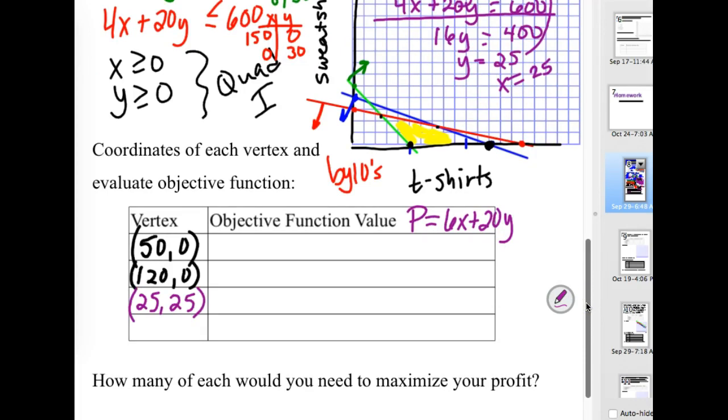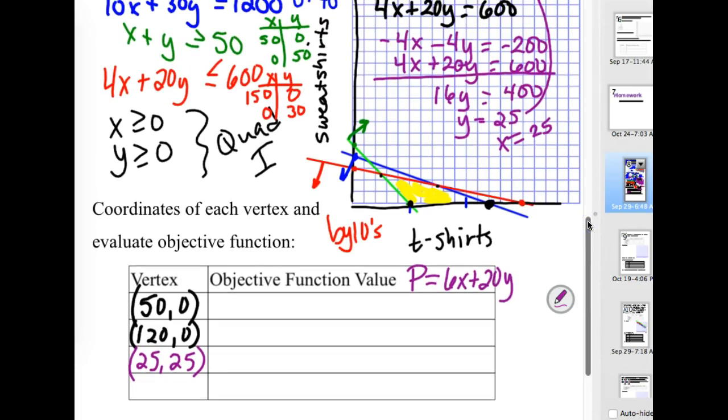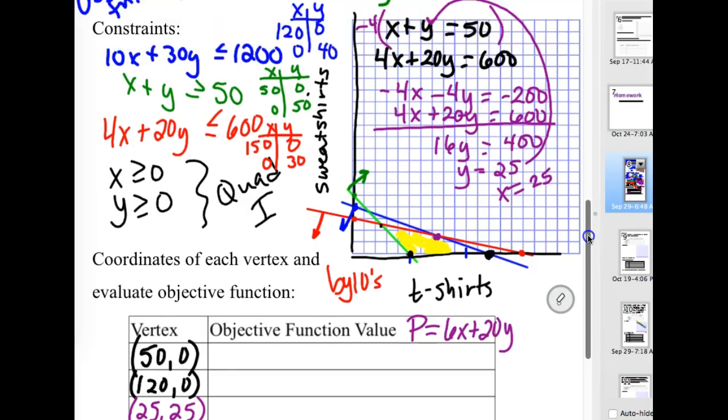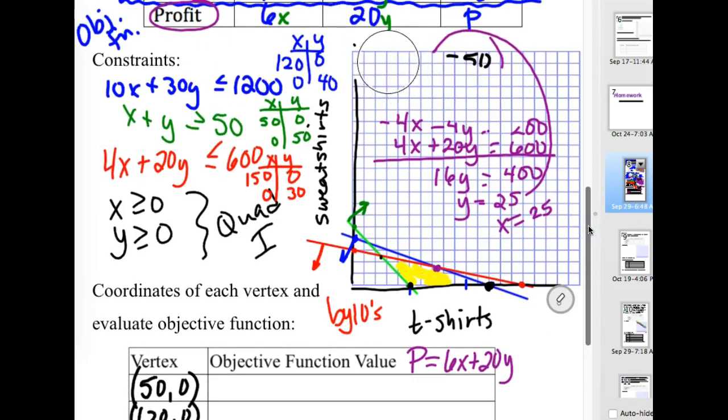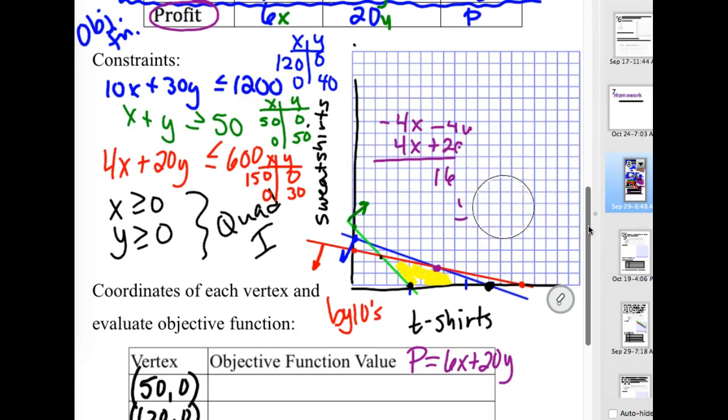Okay. The last vertex is the one where red and blue intersect. Okay, this point here. So how would we solve that? What did we say? Red and blue. So we have 10x plus 30y is less than or equal to 1200.